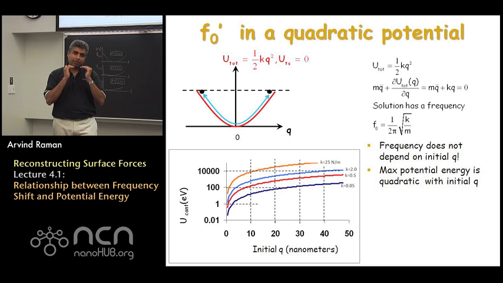So the frequency of the oscillator is going to first depend on the curvature of the well. The sharper the curvature of the well is, the higher the k is going to be, and the higher the frequency is going to be. The shallower the well is, the lower the k is, and the lower the natural frequency is going to be.